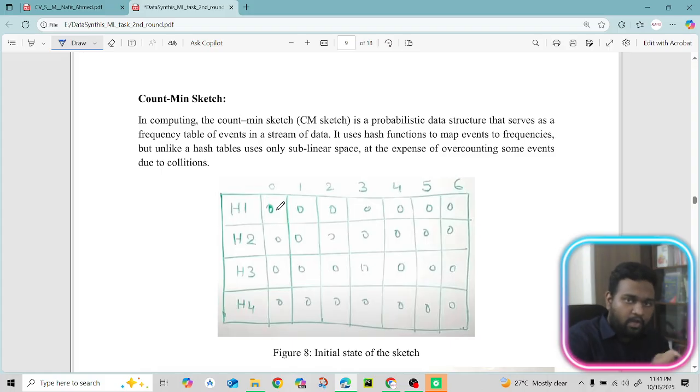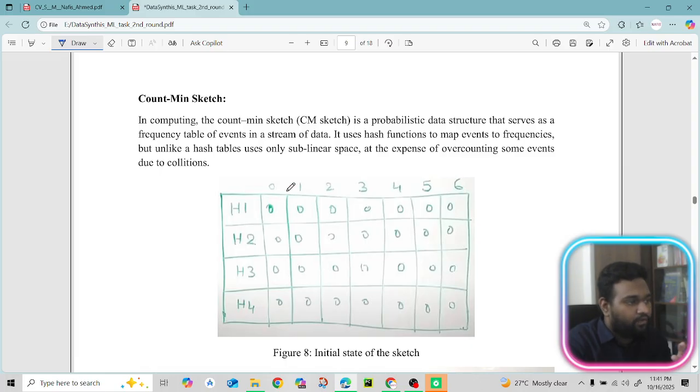That means there will be millions of data. So getting frequency values is not an easy task for this stream of data, especially for this limited space, because we don't have that much space.